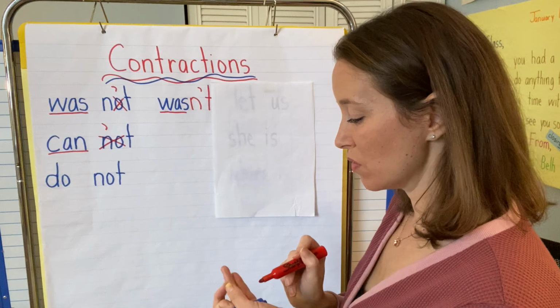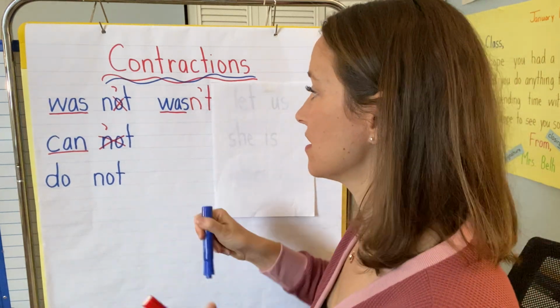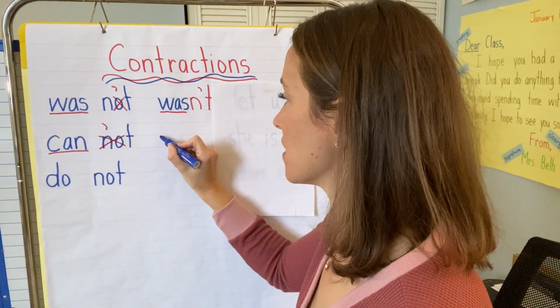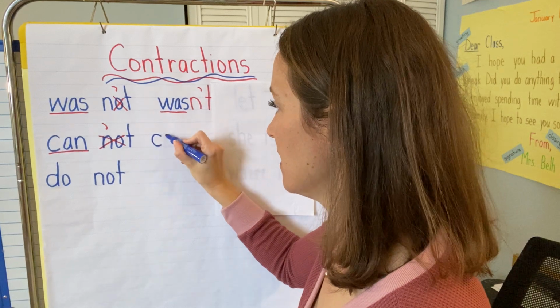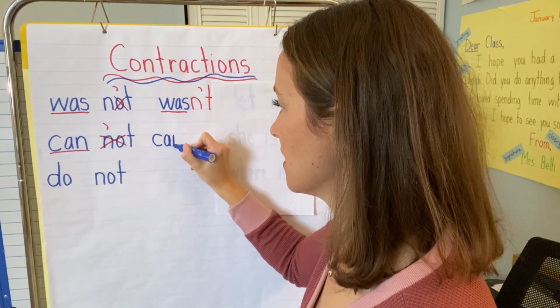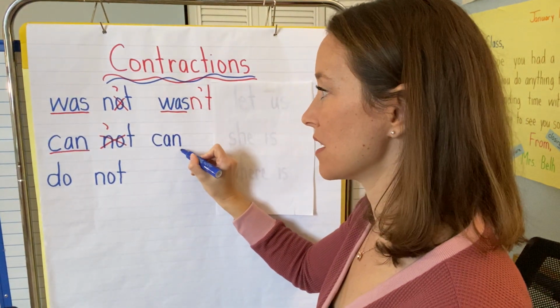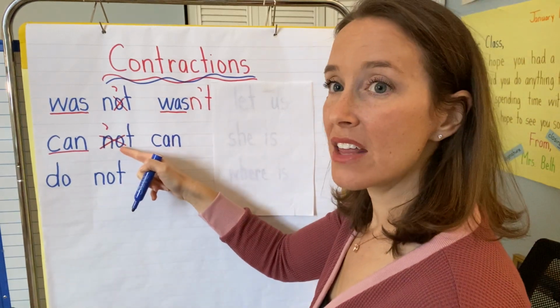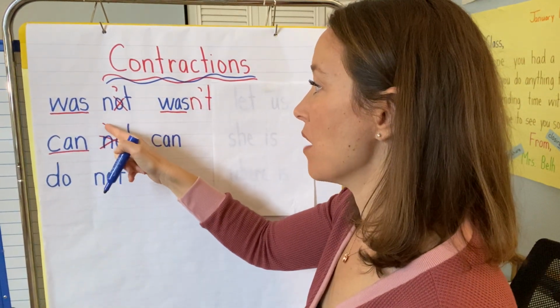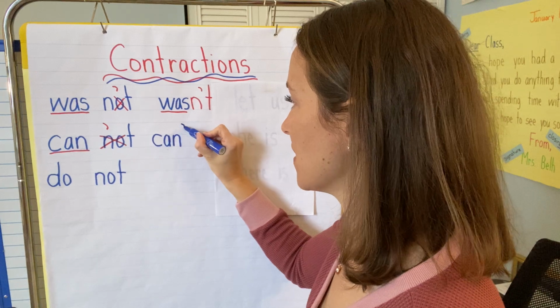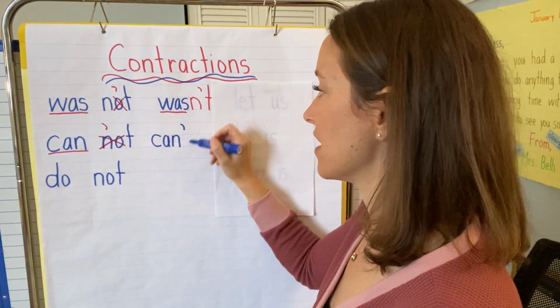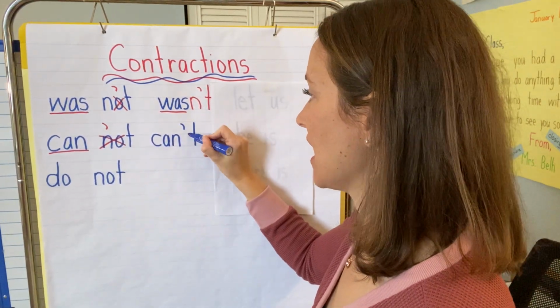So when we scoot that together, right, we keep our first word, can, right, that's our first word. We got rid of the N and the O, so we need the apostrophe, shows something's missing, and then our T. Can't.